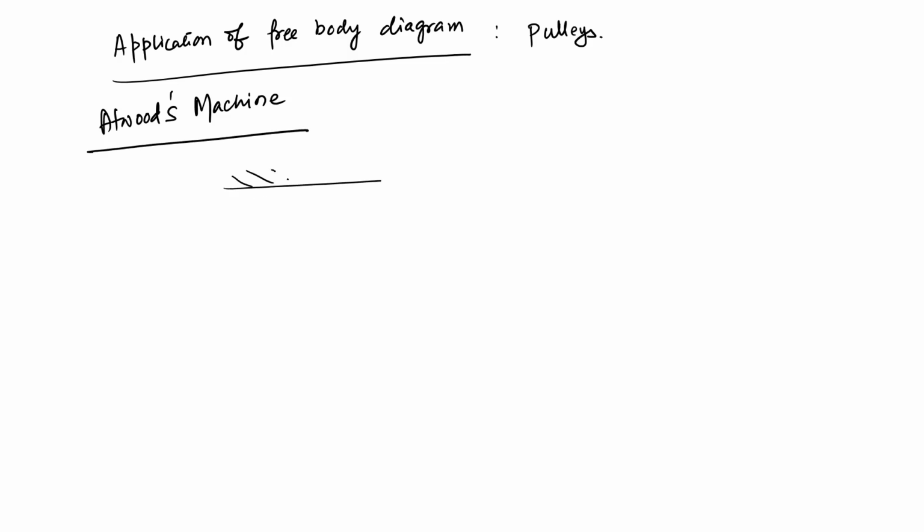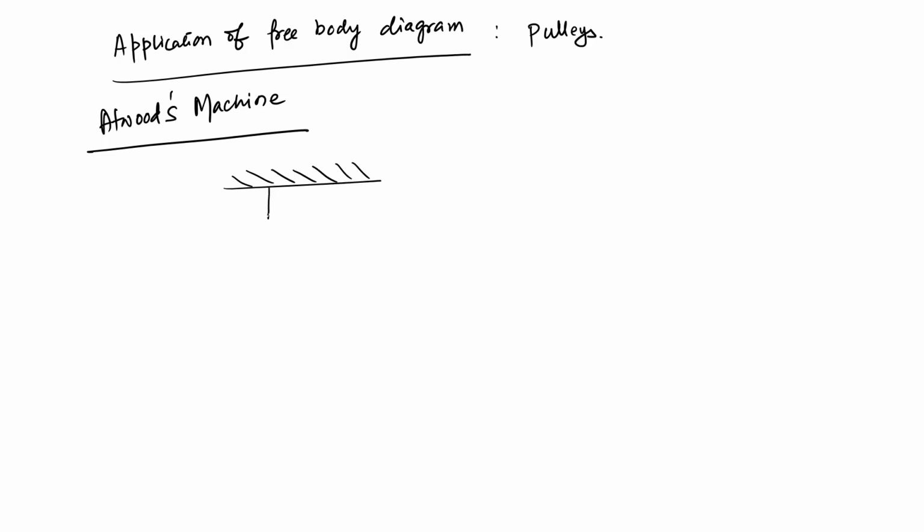And let us do an application of the free body diagram. So, we take a system of pulleys, and in particular this is called an Atwood's machine. Let me try to draw it neatly. In fact, for some of these problems, the drawing is important.